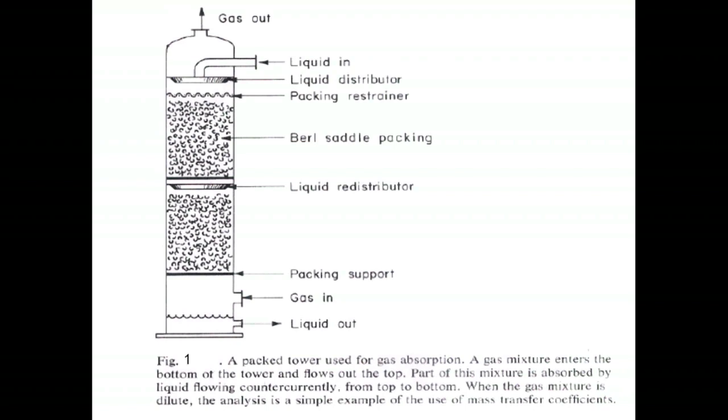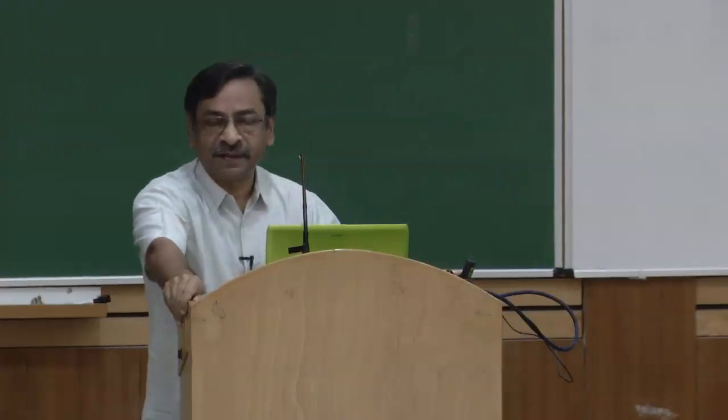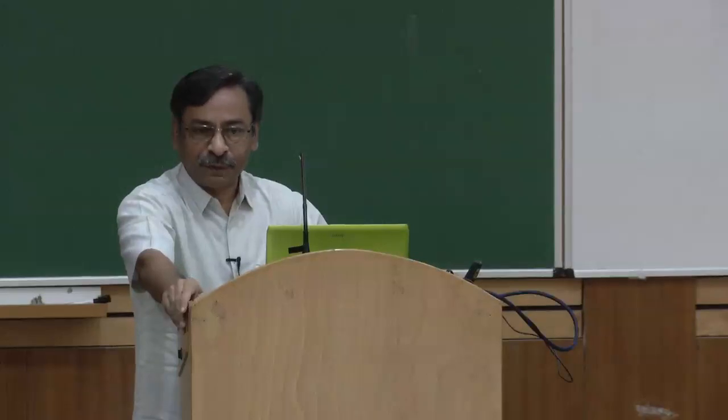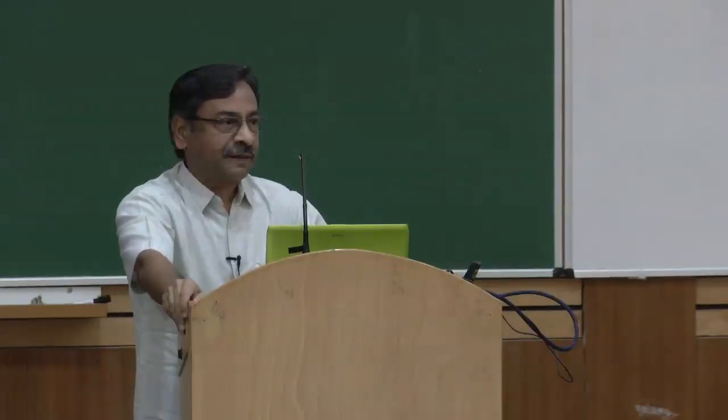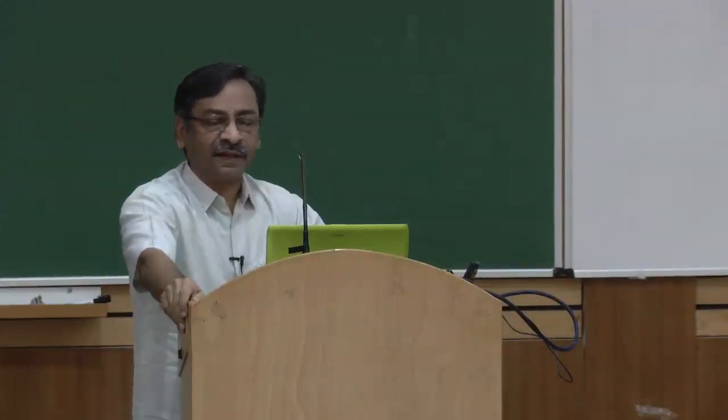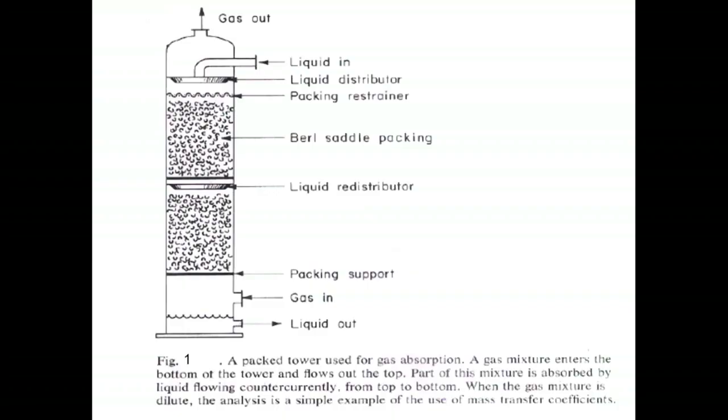So that answer can be found experimentally, and it is given in a generalized form as a design chart, which we'll come to shortly. And it obviously has to be packed with information so that we can design any packed tower for whatever gas liquid system we have at hand.